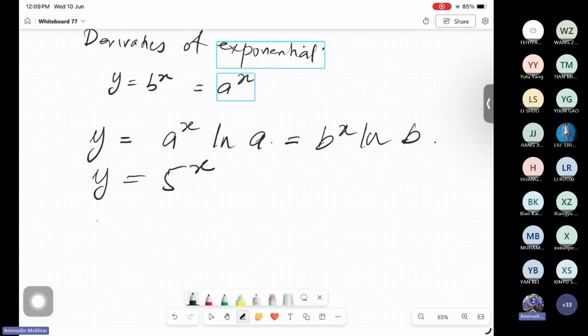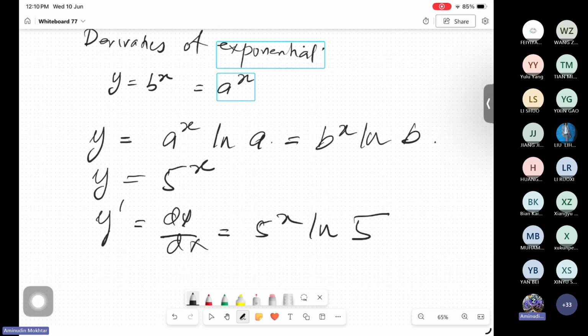The dy/dx, y prime, is equal to pi to the power of x, we just write again this function, times ln pi, or ln a. Okay, that's the derivative for the exponential. It's quite easy, but you need to remember the step. I hope you can appreciate the step for finding the derivative of the exponential and also the derivative for other functions.